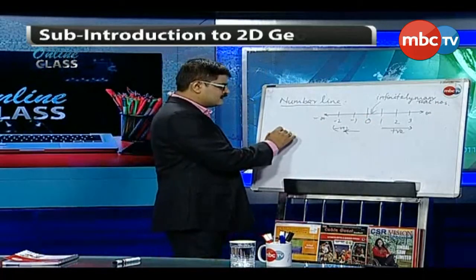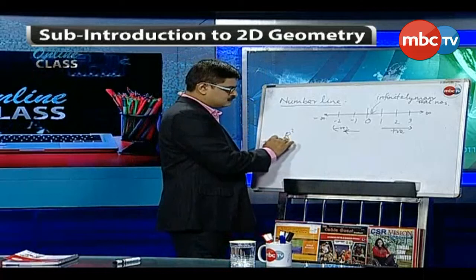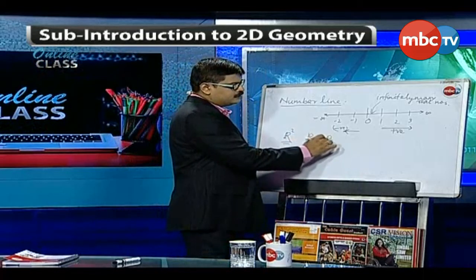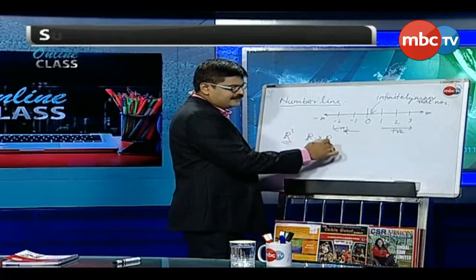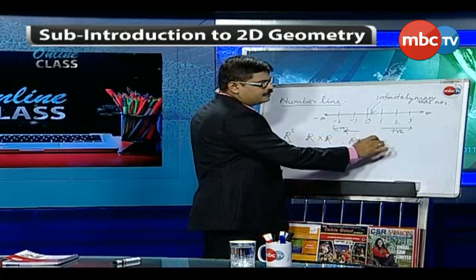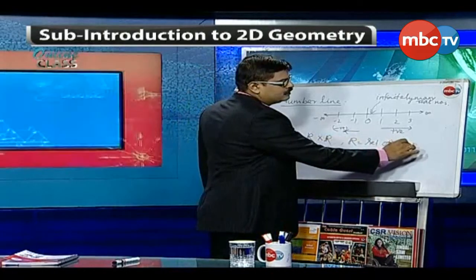Next, what is R square? R square is the Cartesian product of the set of real numbers R with itself, where R is the set of real numbers.